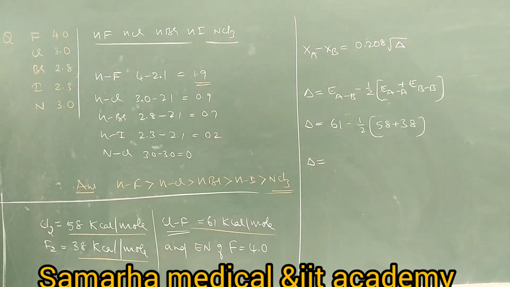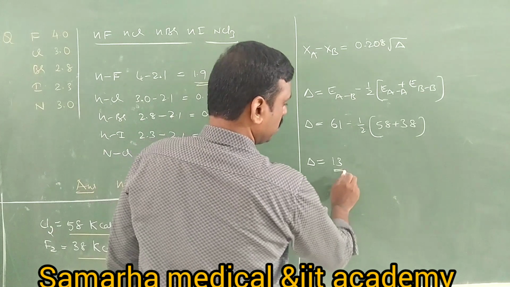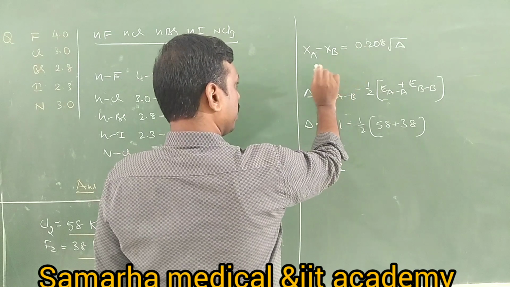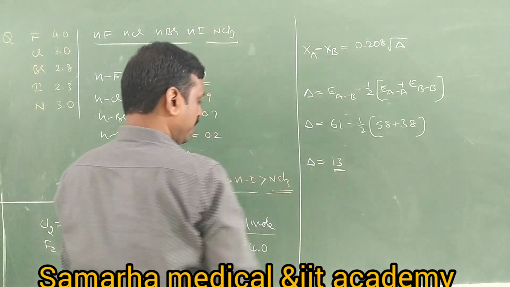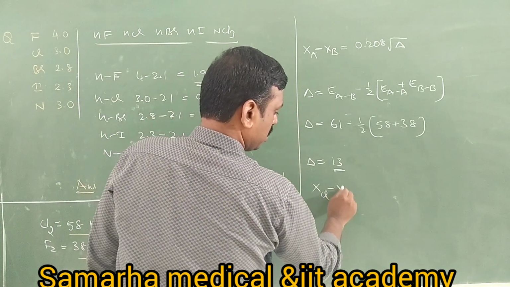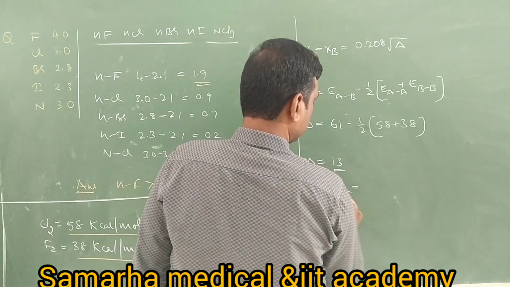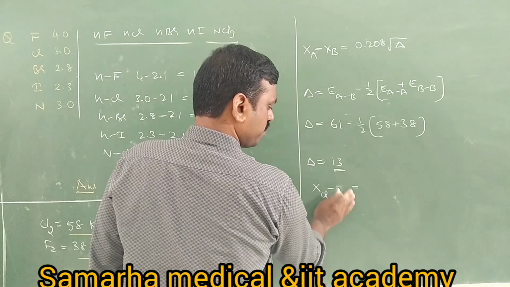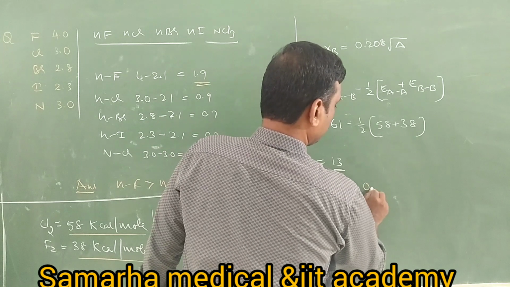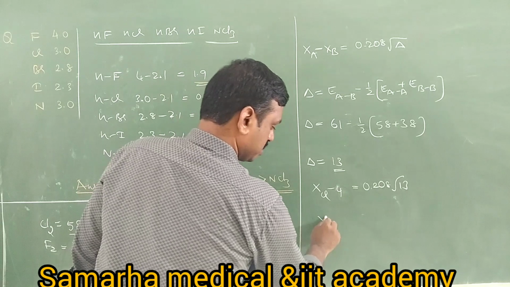What do you get? 13. Delta is 13. Now substitute this value in the equation: XCl minus XF, where XF is 4, equals 0.208 under root 13. Substitute and we will get XCl.